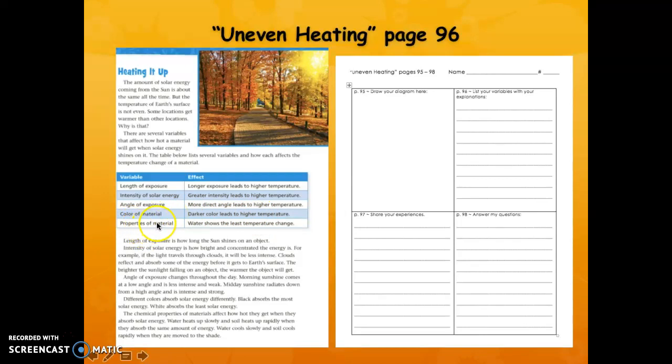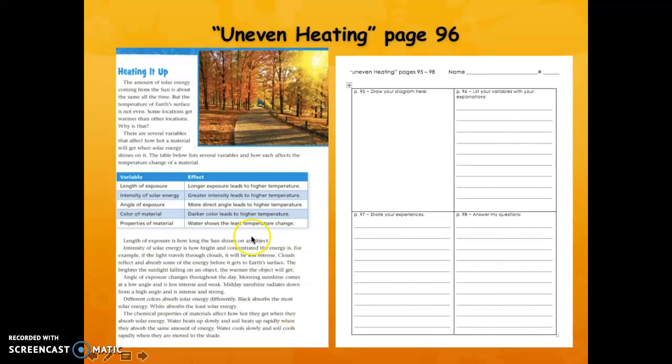And then the properties of the material. So what the material is made of. So water shows the least temperature change kind of because of its properties. It is see-through, it is reflective. So all of these variables that are in this table are explained in more detail down here.